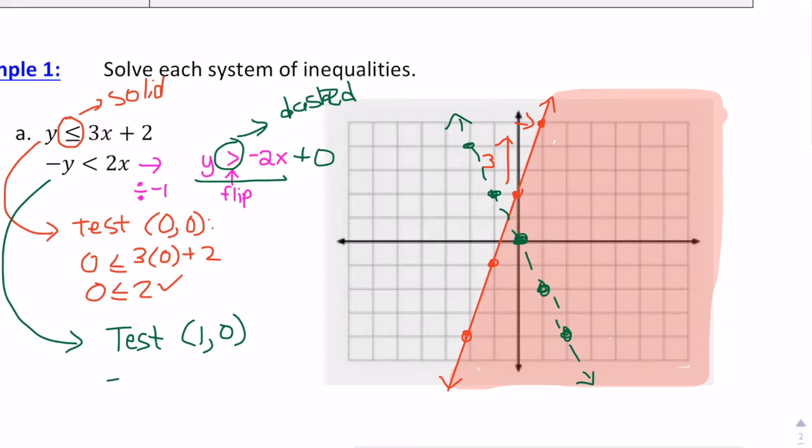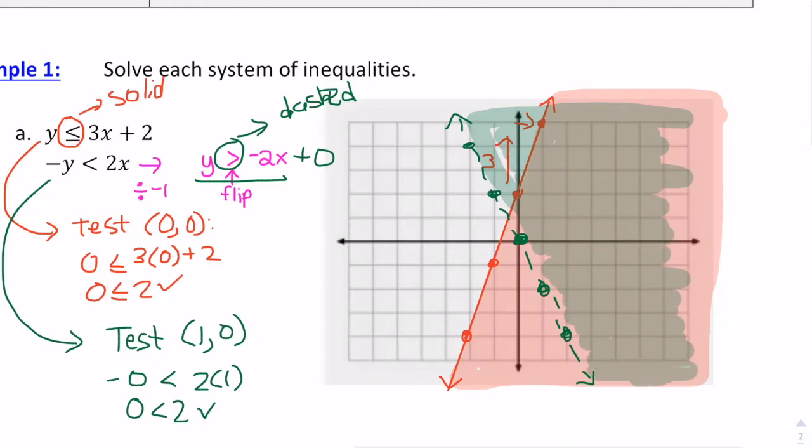I'm going to have -0 is less than 2 times 1. 0 is less than 2. That's true. So 1, 0 is going to be a solution. So 1, 0 is right over here. So all the points on that side of my boundary line are going to be solutions to that inequality.